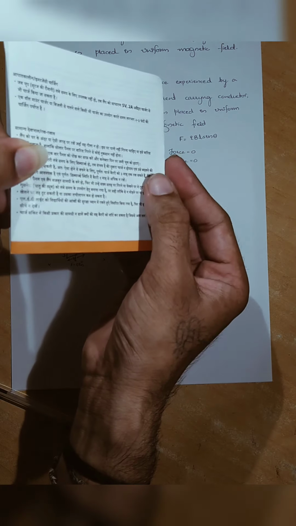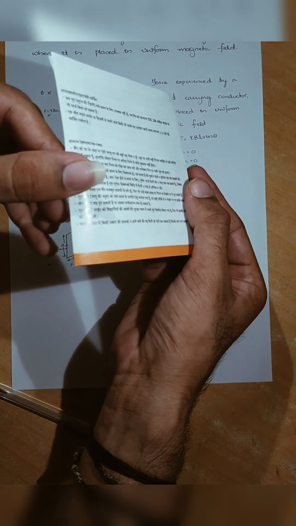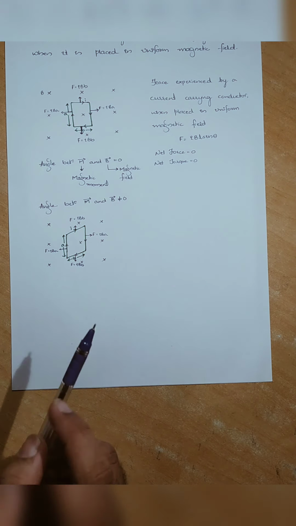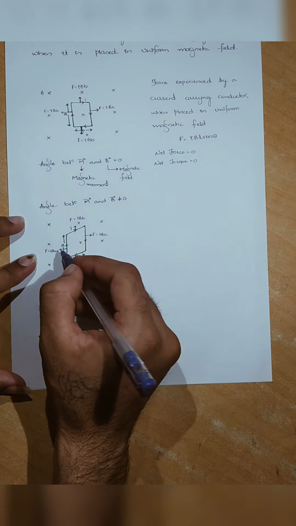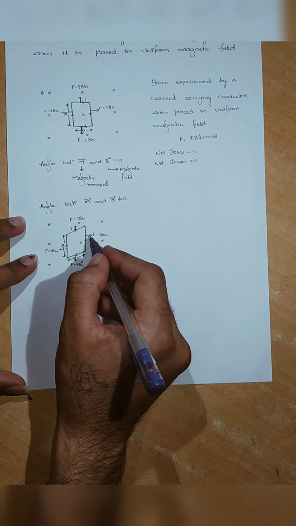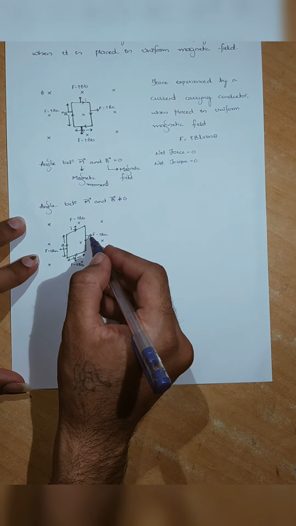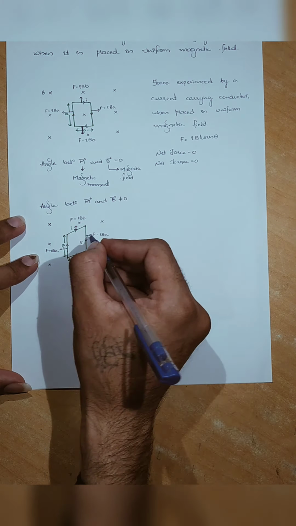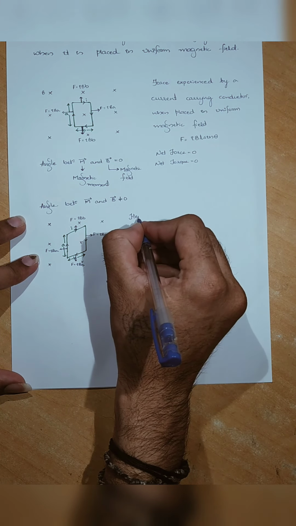Somebody is pushing from this end, somebody from the other end. At the same time it will suddenly get twisted. Once it gets twisted, first of all remember, these two forces are not acting on the same line of action. This is most important. Clear? So what I can write: hence torque is developed.